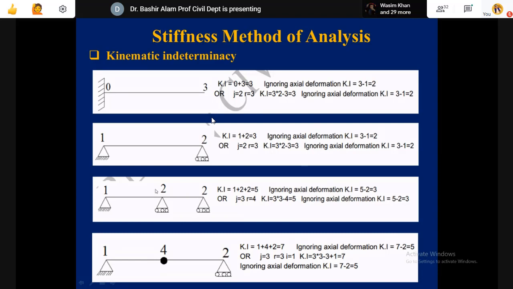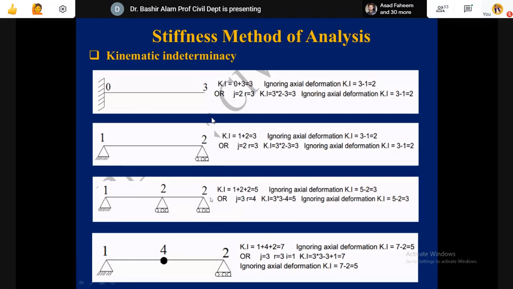Coming to the third sketch, left hinge support, so we have 1 degree of indeterminacy, that is rotation. At 2, the middle support, it's a roller support, so we have 2 degrees of indeterminacy, horizontal translation and rotation. And then the right support, again a roller support, so we have horizontal translation and rotation, so 2 is written here.